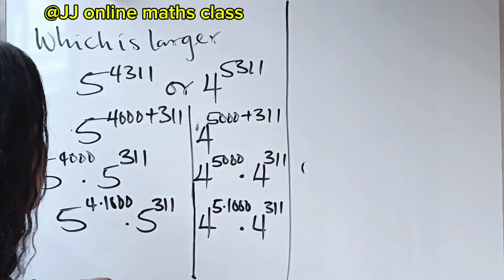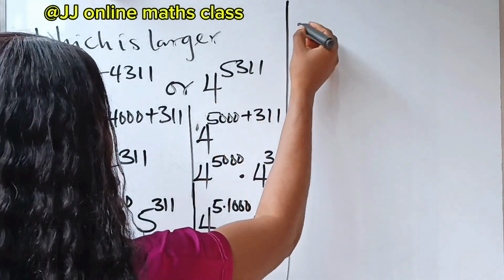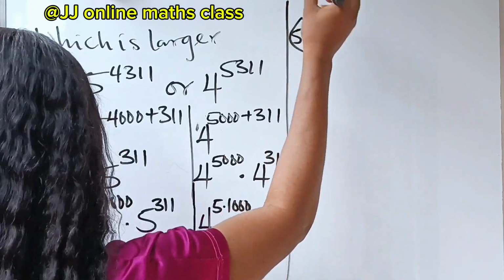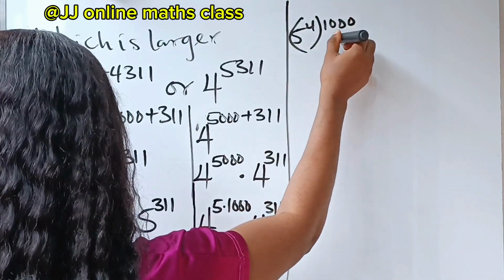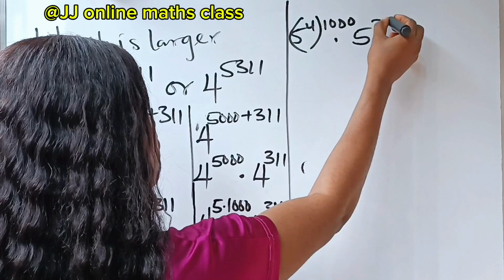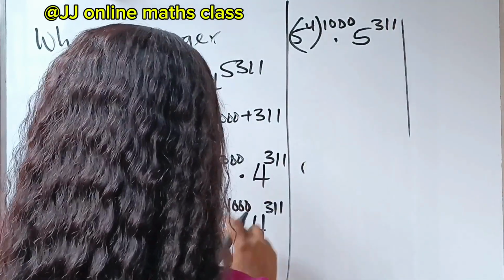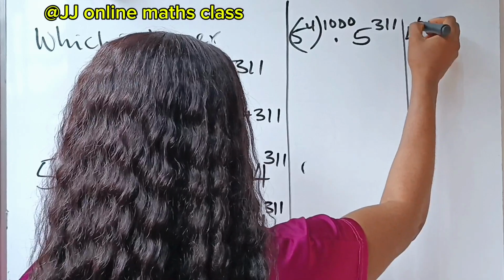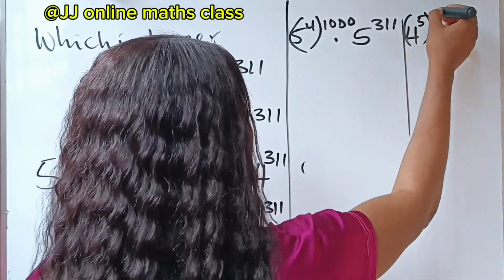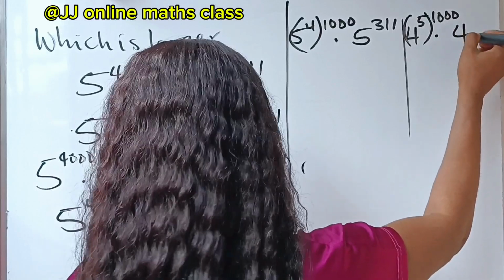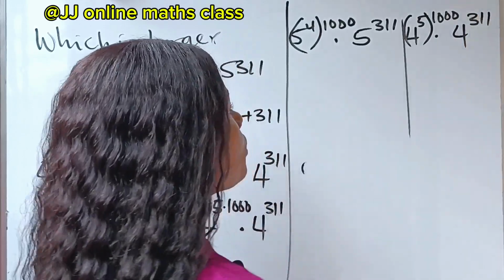We can express this side as 5 to the power of 4 raised to the power of 1,000, multiplied by 5 to the power of 311. Then this side can be expressed as 4 to the power of 5 raised to the power of 1,000, multiplied by 4 to the power of 311.